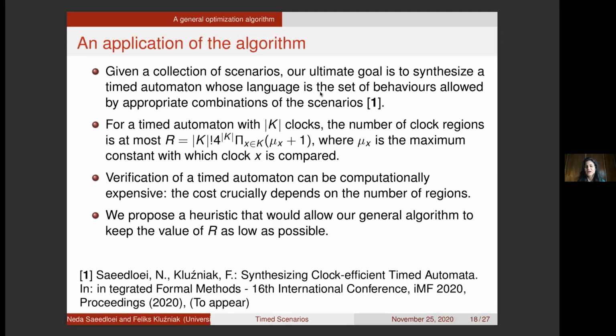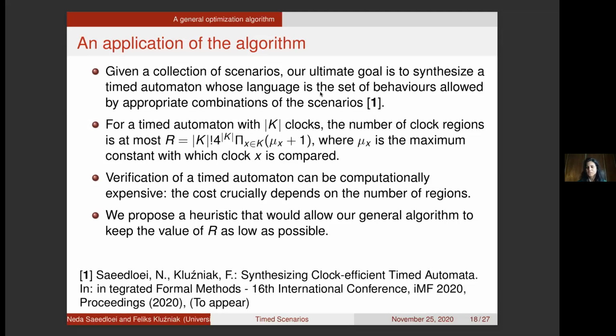For a timed automaton with k clocks, the number of clock regions depends on the number of clocks and also the maximum constant with which every clock is compared. Verification of a timed automaton can be computationally expensive, and the cost depends on the number of regions, which means every attempt must be made to keep the number of clocks and the maximum constants as low as possible.